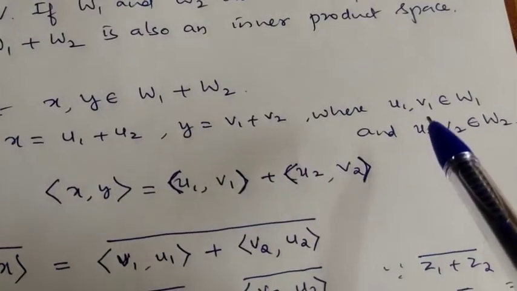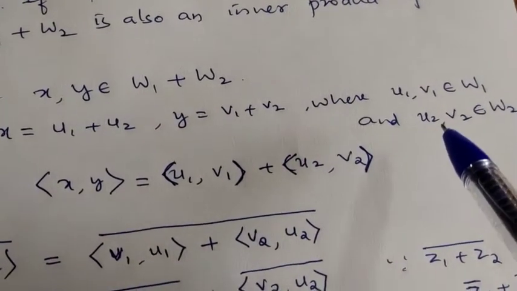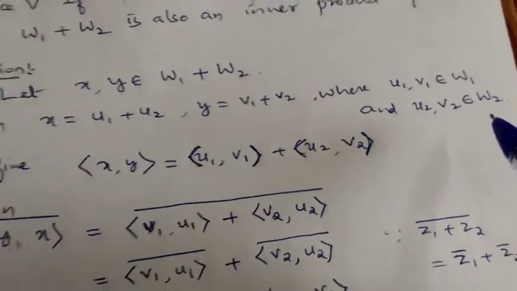That is, u1, v1 are elements of W1, and u2, v2 are elements of W2.